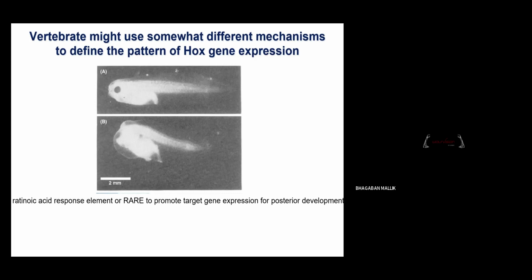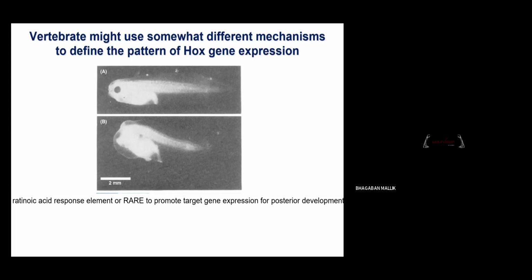So when you increase the concentration of retinoic acid, you have loss of the anterior portion; the anterior portion fails to develop. The thing I want to highlight is that in vertebrates, you have expression of a distinct set of genes regulating downstream genes, like expression of bicoid, nanos or caudal regulating the expression of gap genes, that in turn regulate the expression of pair-rule genes, that in turn regulate the expression of segment polarity and Hox genes.